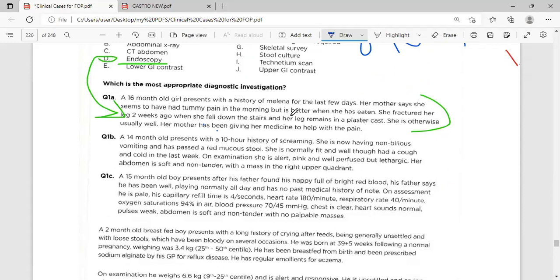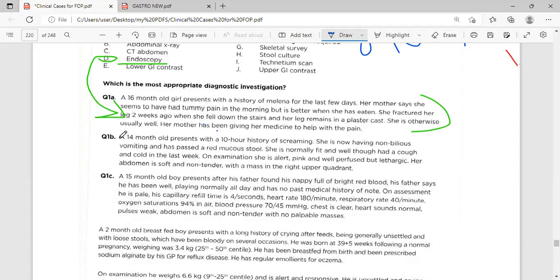I think it has a relationship with the acid. When we eat something, it increases gastric acid production, so with eating, it worsens. That's a very good explanation. Yes, that is possible.